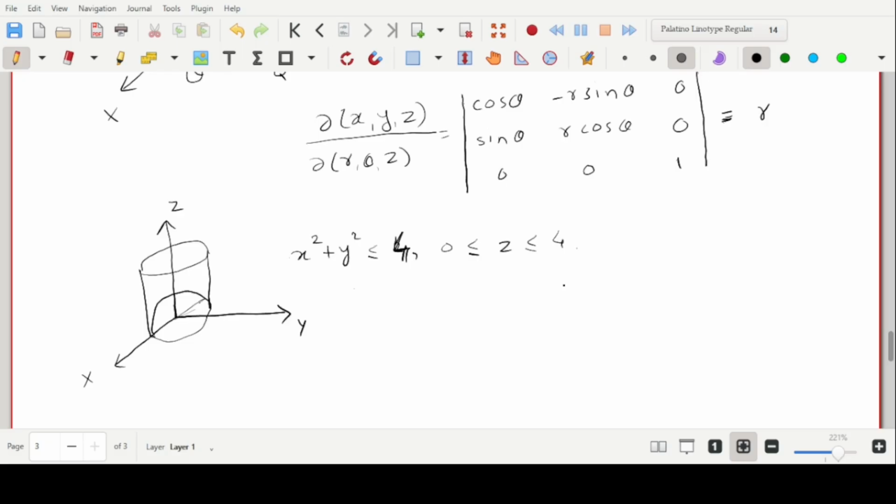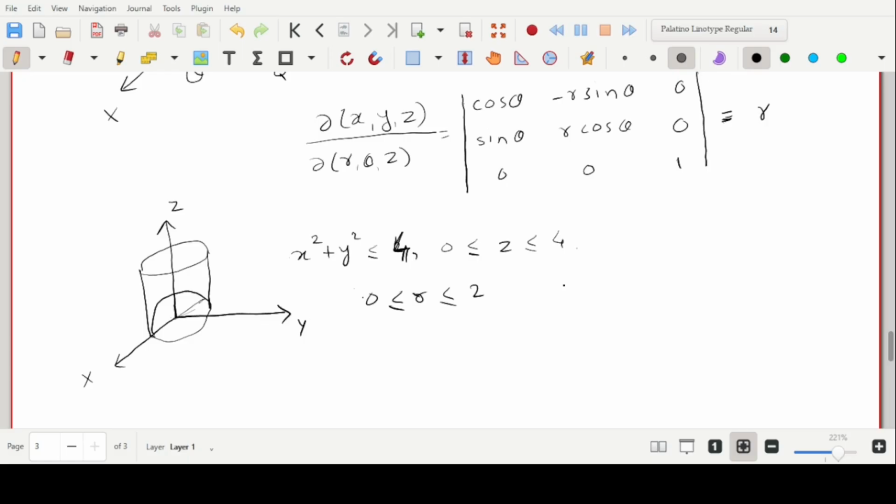In case of this cylinder, r will vary from 0 to 2, because r is the distance of the points in this cylinder, so this is not the distance between the point and the origin.